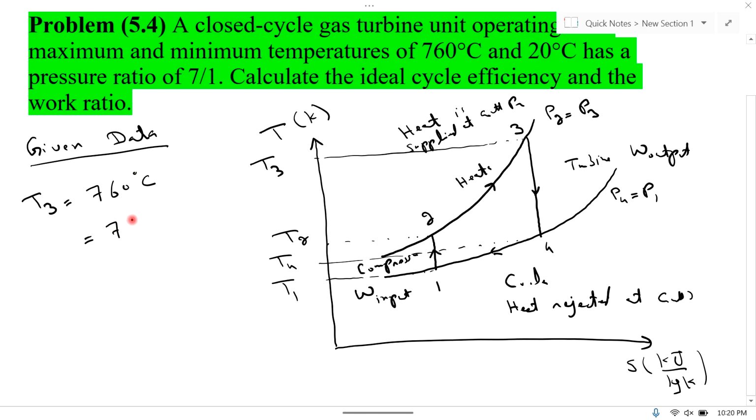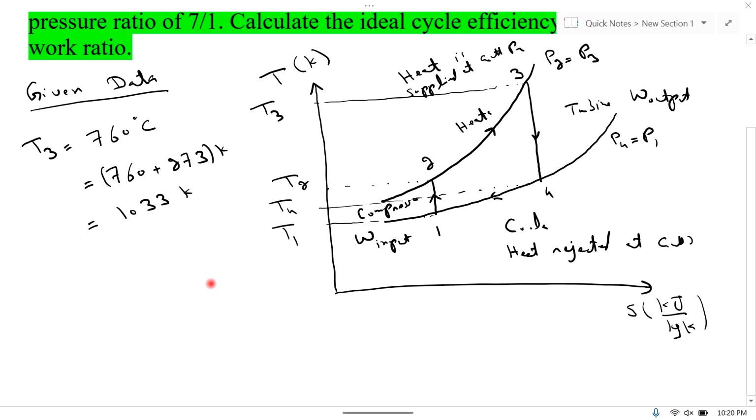Converting into Kelvin, 760 plus 273 is 1033 Kelvin. The minimum temperature is T1, which is 20 plus 273, equal to 293 Kelvin.